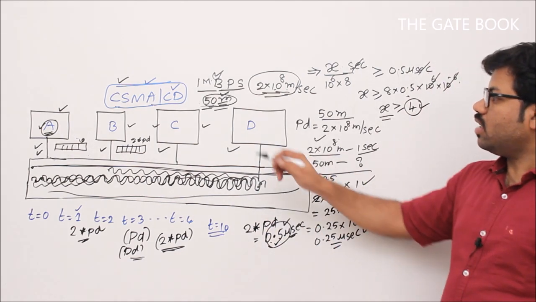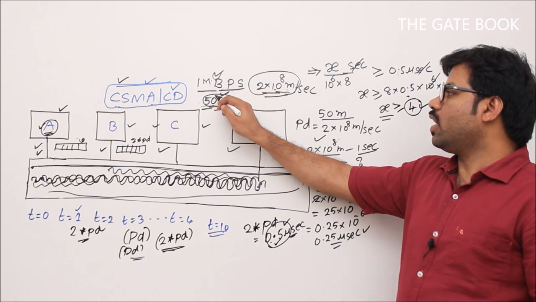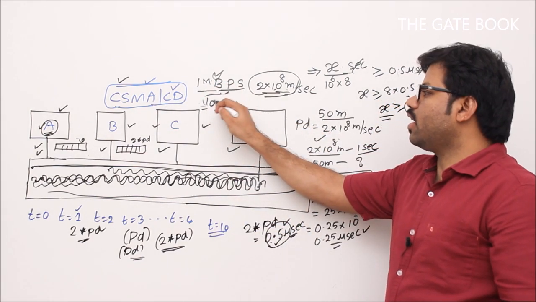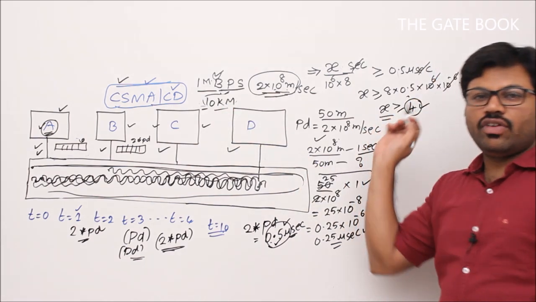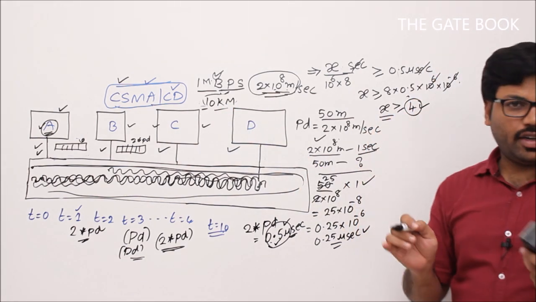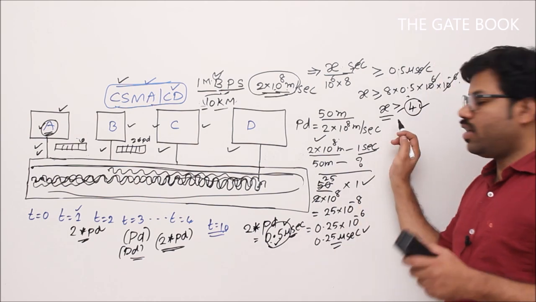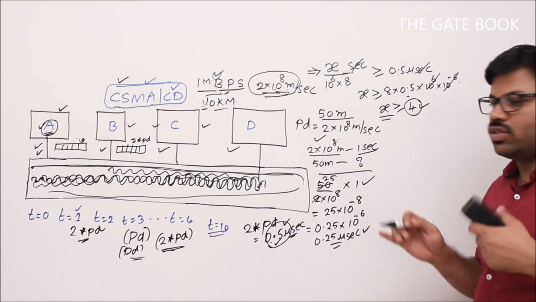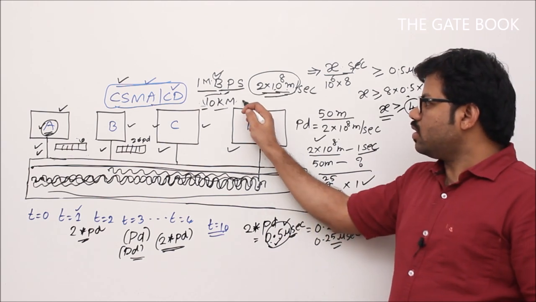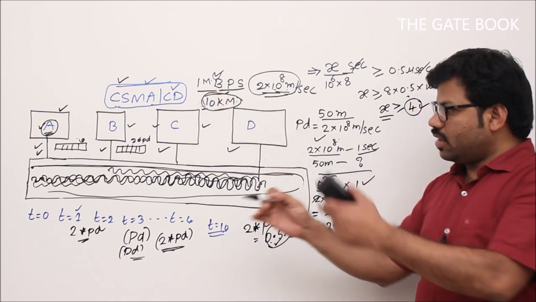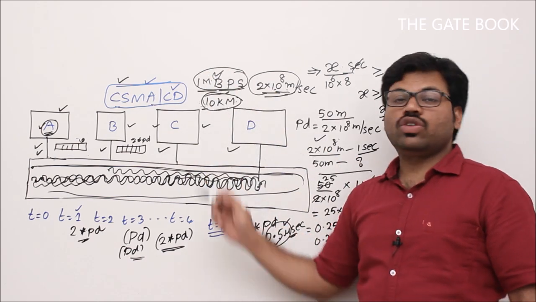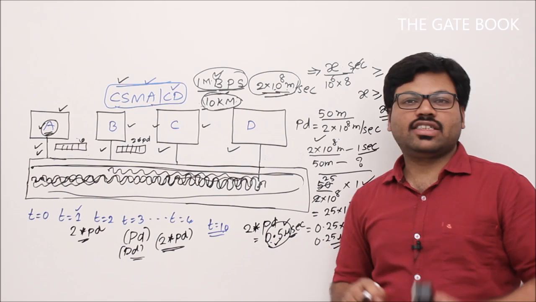But what if I change this 50 meters to something around, let's say, 10 kilometers? Then everything will change and you get a different answer, maybe a little bigger, like 100 bytes or so. So what I want to say is that the cable's length and your bandwidth are going to decide what the minimum frame size in CSMA CD should be.